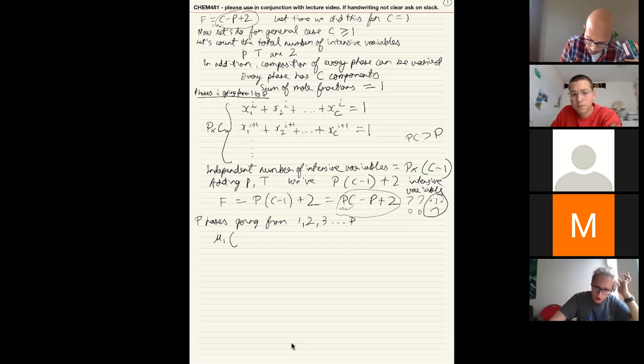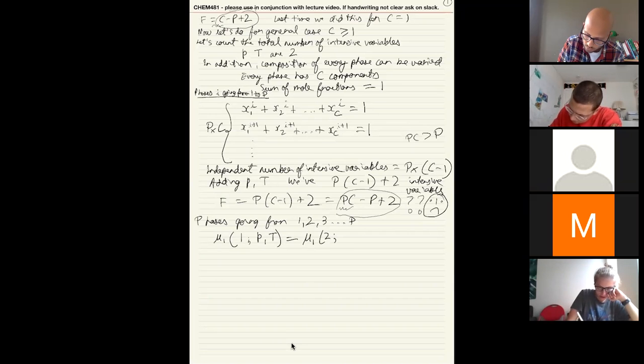So for phase number 1, at a particular pressure and temperature, the species 1 should have the same chemical potential as it has in phase number 2 at that pressure and temperature, same as phase number 3 at that pressure and temperature, equal to phase number capital P at that pressure and temperature.